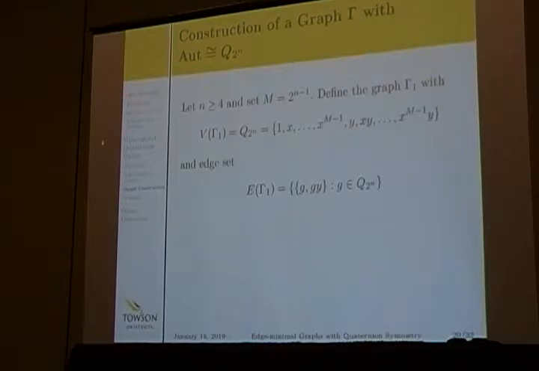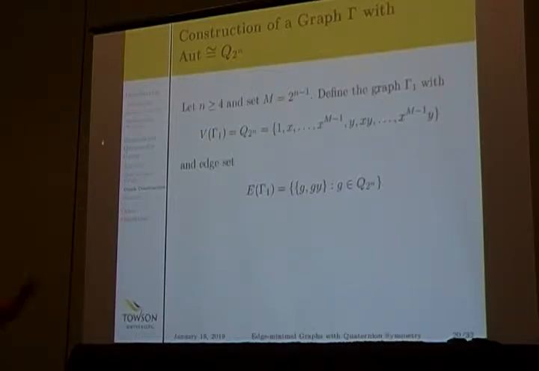The idea is we're going to construct two subgraphs. Each of those subgraphs is going to have vertices labeled from a Quaternion group. Then we're going to connect those two subgraphs up in a special way so that we're destroying some symmetries and getting the Quaternion automorphism group that we desire.